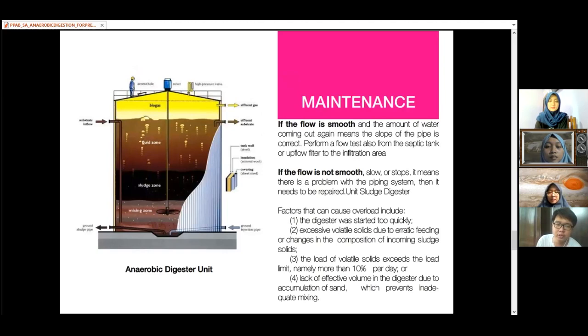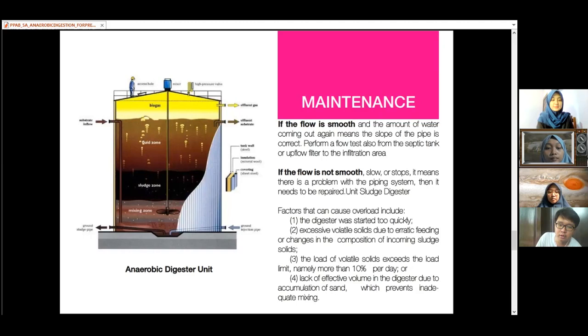The first one is if the flow is smooth and the amount of water coming out is steady, it means the slope of the pipe is correct. Perform a flow test also from the septic tank or a flow filter to the infiltration area. And the second condition, if the flow is not smooth, slow, or stops, it means there is a problem with the piping system, and it needs to be repaired.